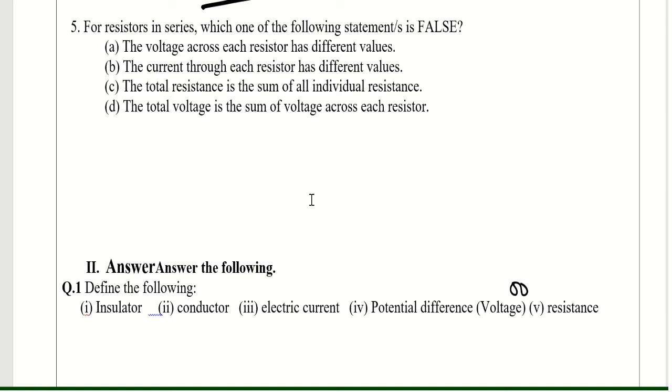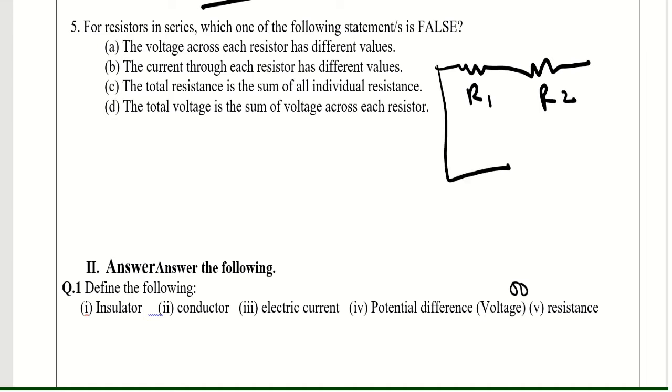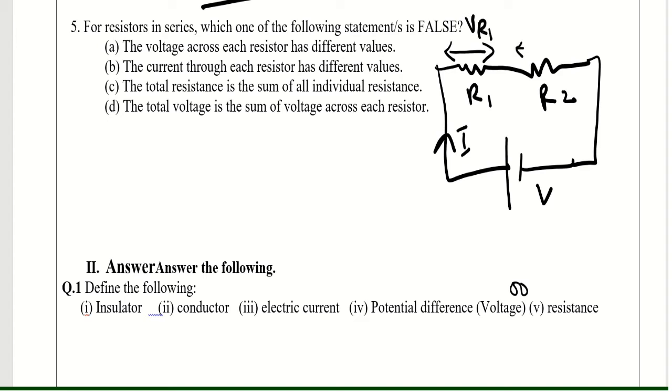Let us take for example, there are two resistors in series, this is R1 and this is R2, connected across the battery, and the battery is V, and the current passing is I. The voltage across R1, say, is VR1, and the voltage across R2 is VR2. Now come to option A.